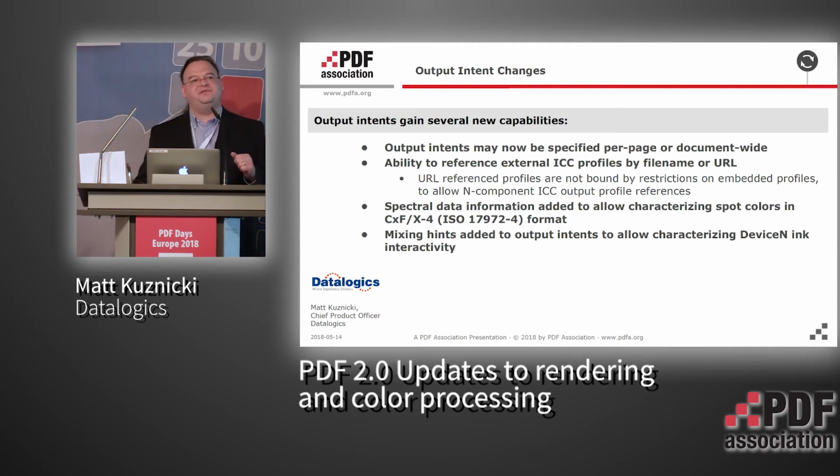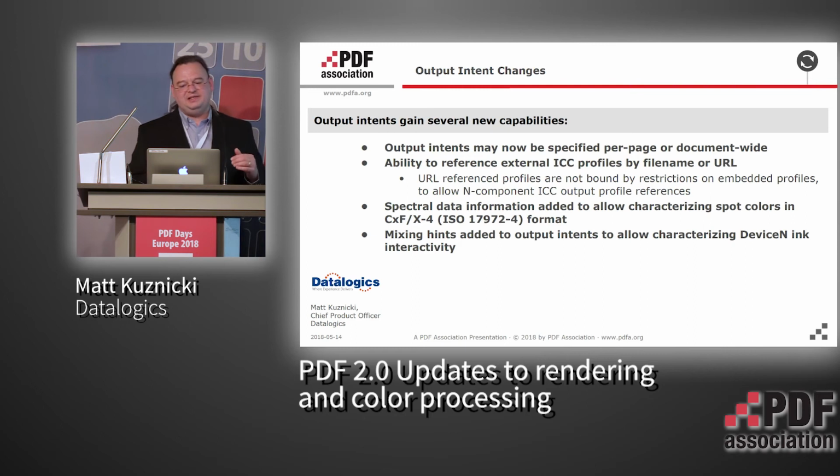You can now specify an output intent for each and every page of a PDF document. One of the key things this enables is much more reliable merging of multiple PDFs when these PDFs use different output intents. So there's no longer the need to convert to one output intent when merging documents together.